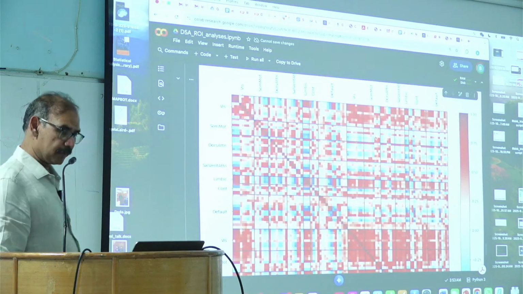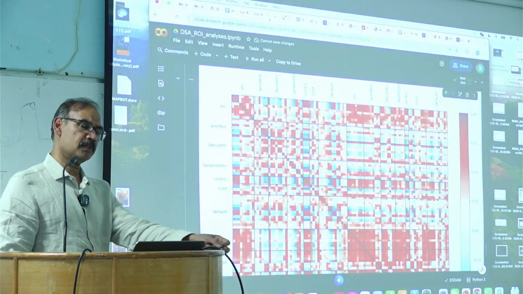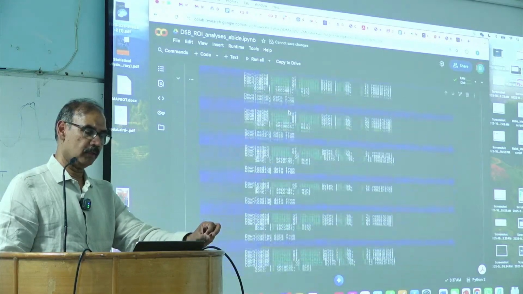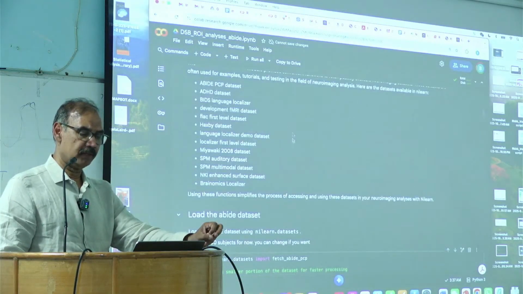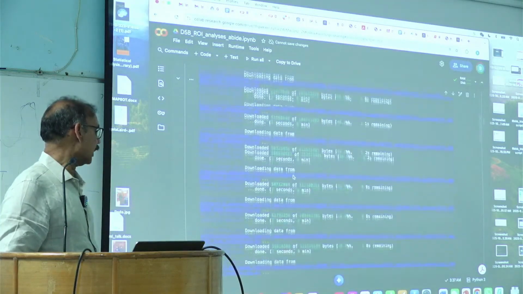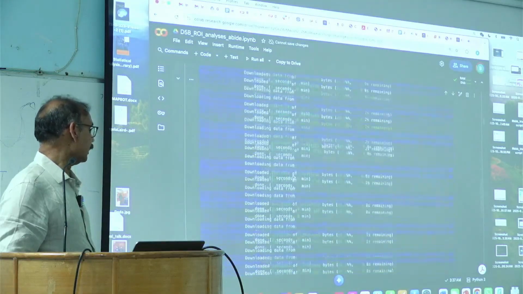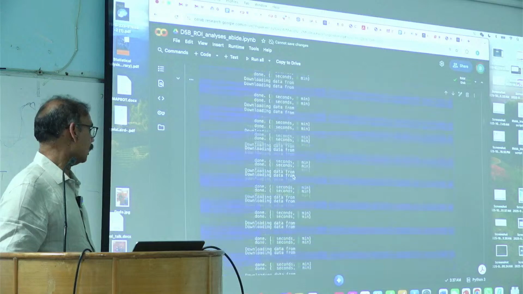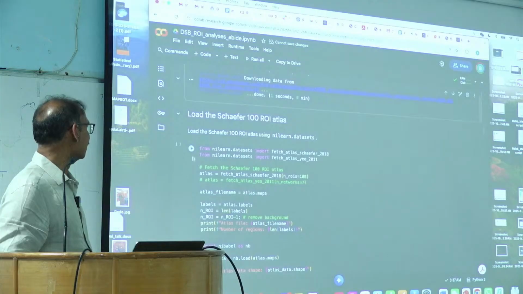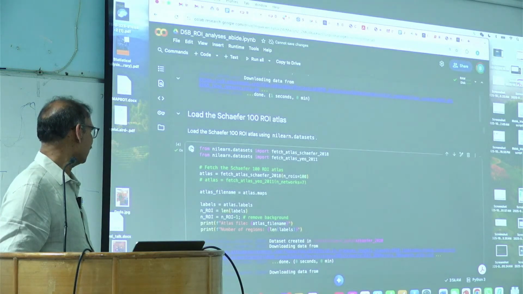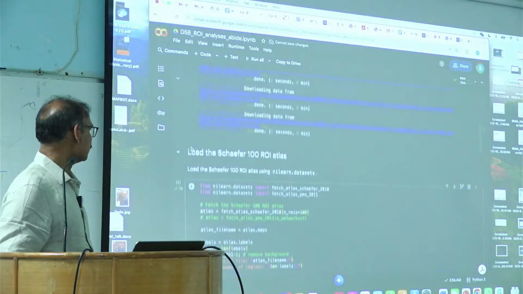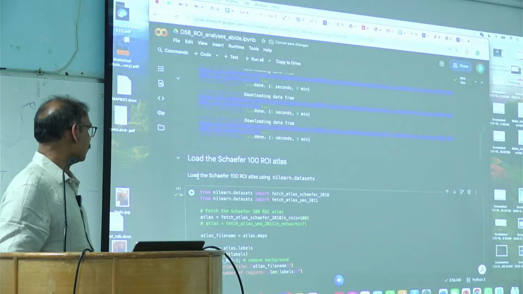Those of you who want to use autism data, you can load the data, and then if you want, you can use the ROIs from here, and then do the atlas. Again, this is loading the autism data.